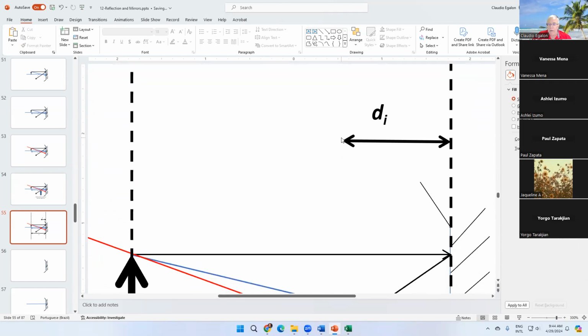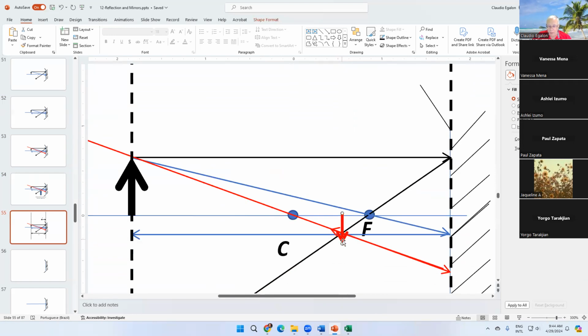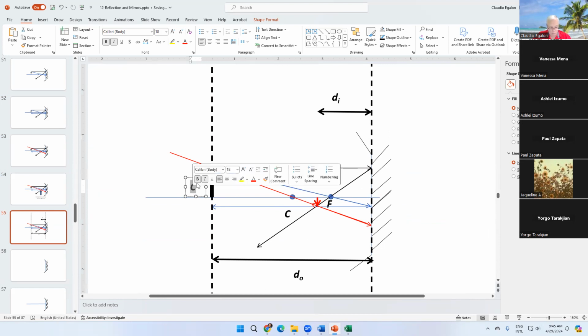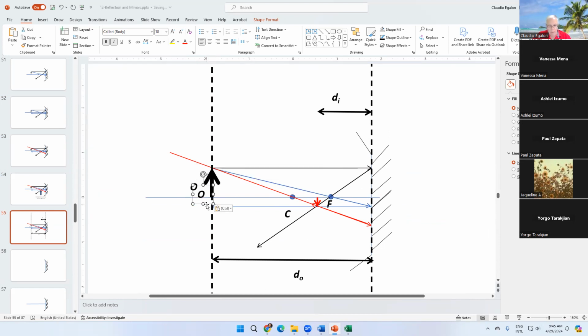Okay, now we can see the image more clearly. If this one here is the object, this one here is going to be the image.